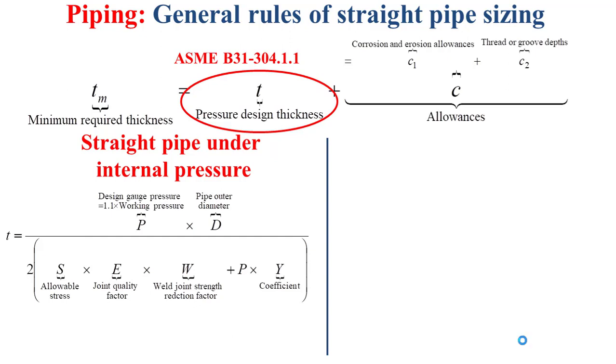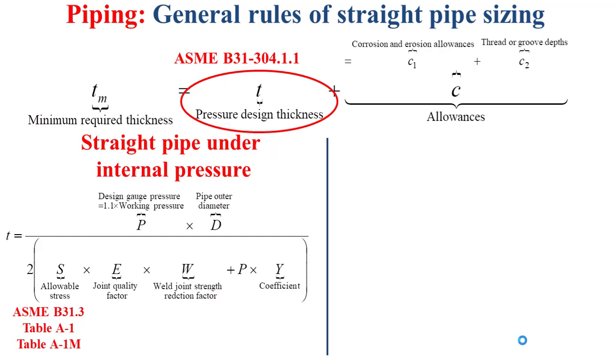P is the design gauge pressure, and it's equal to 1.1 times the working pressure. D is the pipe outer diameter. S is the allowable stress, and it's obtained based on ASME B31.3, Table A-1 and A-1M.